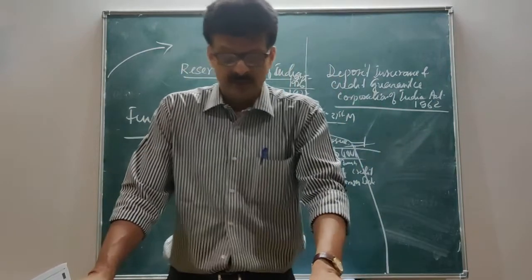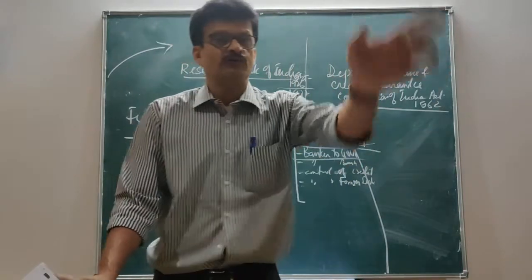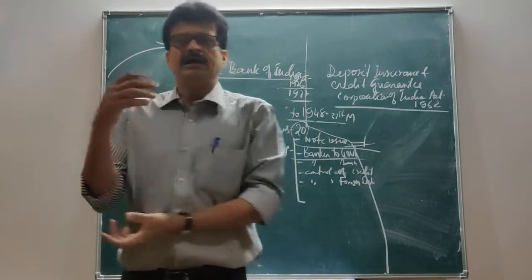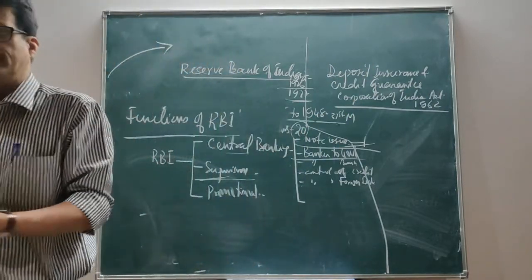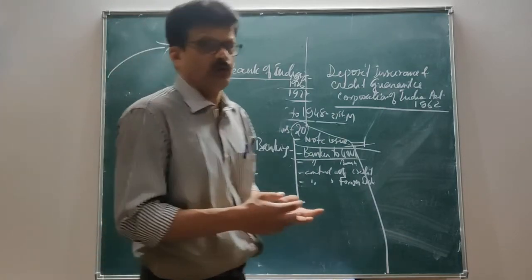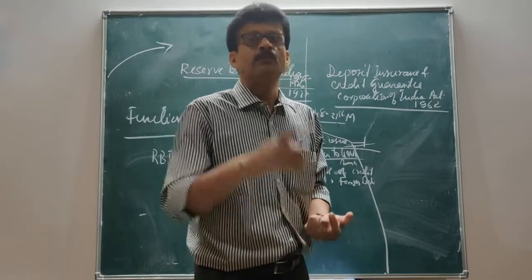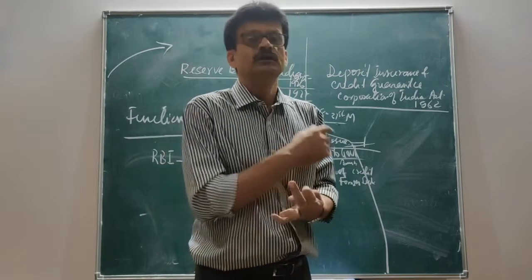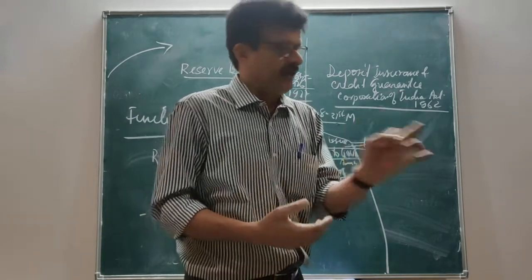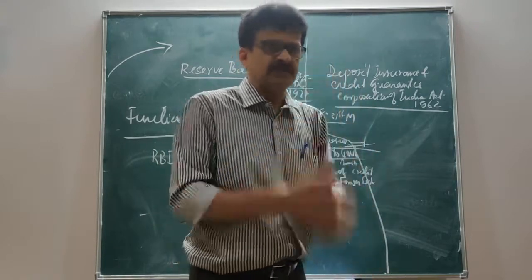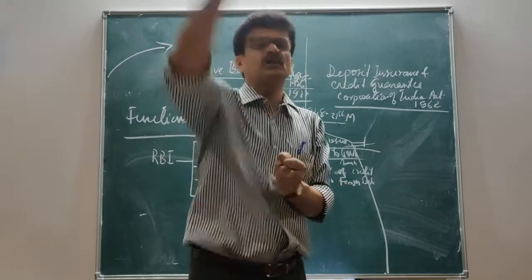And lastly, promotional function: promotion of financial institutions in the country, like we have seen the Industrial Credit Investment Corporation of India, 1983-84. Who incepted it? RBI. What is that function? Promotional function. Then NABARD, the National Bank for Agriculture and Rural Development. Why is NABARD set up? NABARD is set up to promote rural credit.